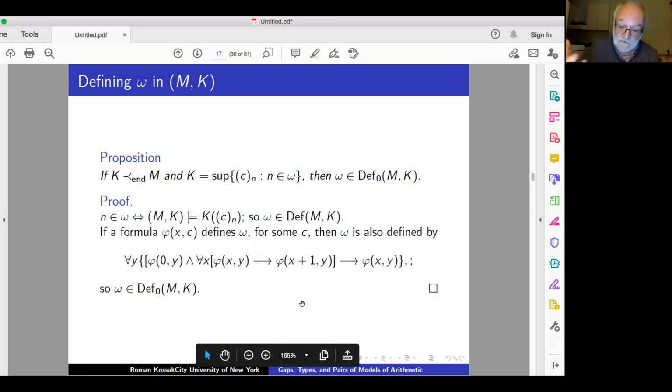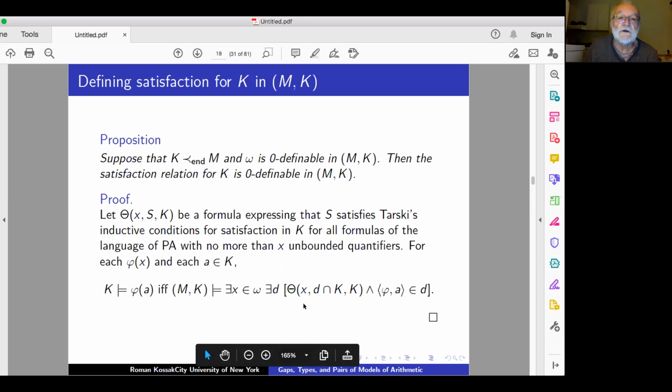And once you defined omega, you can define all kinds of other things. Once you have omega 0-definable in the pair, then you can also define satisfaction for K inside M K. How do we do this?